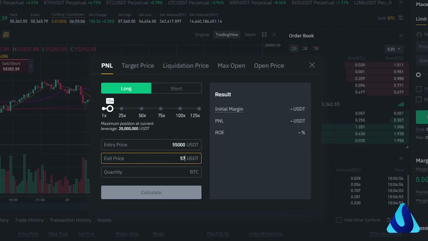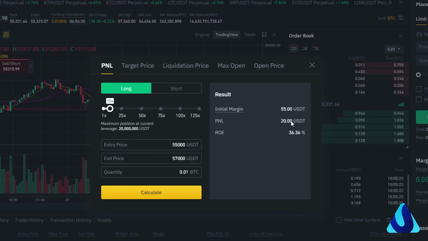Let's say 57,000 is my exit price, and because we are working with 10x leverage, it'll tell you the initial margin that you need to put up. We don't have that amount of money in the account, so let's say we do 0.01. Now you can see that's the margin that we use. So $55 USDT would come out of the account.